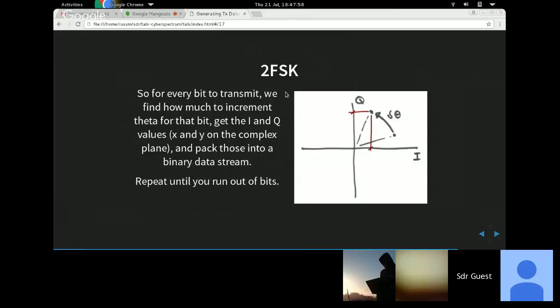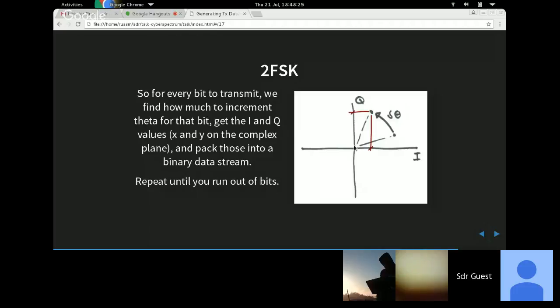And then for every sample we send out, we just spin our point, find the I and Q values, so in phase and quadrature, or X and Y on the complex plane. So find those X and Y values, pack them into binary data, which for the HackRF is signed 8 bits, so it's signed characters.